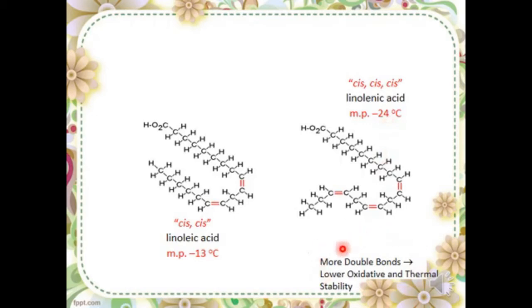Okay, as the double bond increases, and that is why fatty acid with high number of double bond is susceptible to lipid oxidation due to its low stability towards oxygen and also heat.